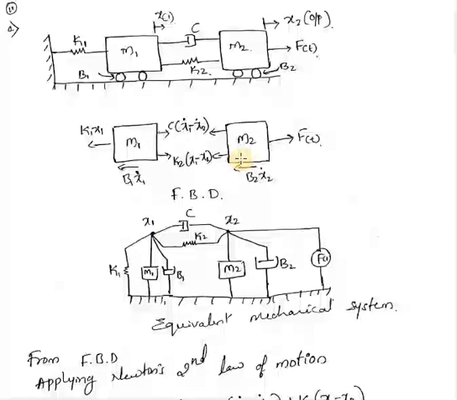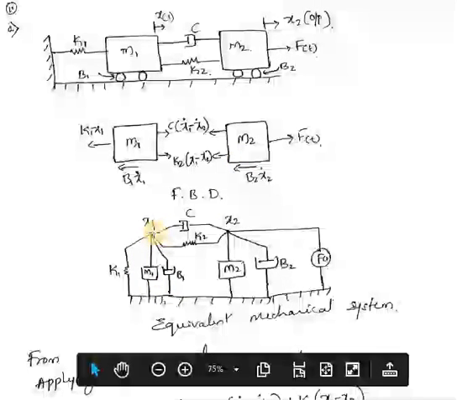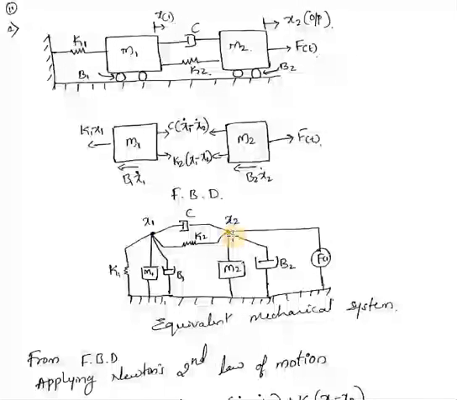Then you need to draw the equivalent mechanical system. For that, the very first step is to identify the number of displacements. Since there are two masses having two displacements, mark those two displacements by nodes. Here this is x1 and this is x2. Then you need to identify the elements associated with individual displacements.